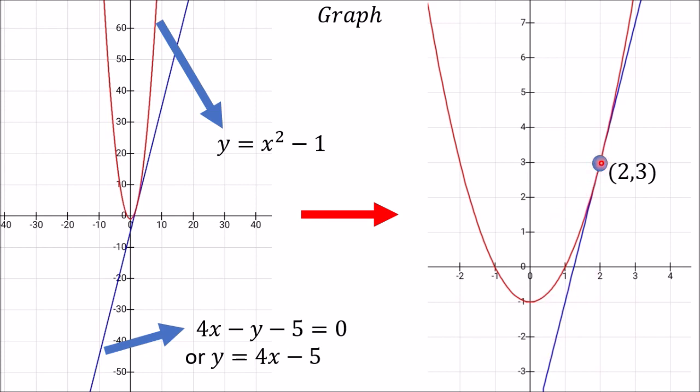So, in this point, ang slope ng curve na to ay also the slope of this line, which is 4. Kaya yung derivative na nakuha natin is also the slope of this curve at the point 2 and 3. So, yun yung ibig sabihin nun. Yun ang connection ng derivative, ng slope, at ng tangent line.